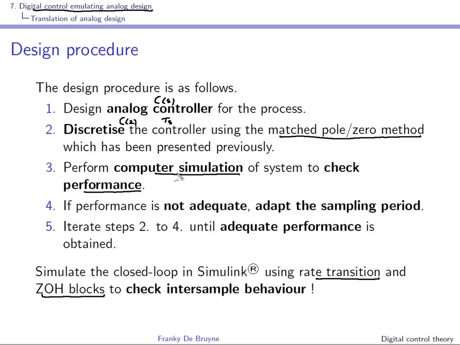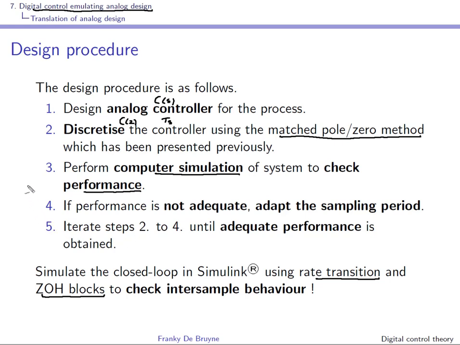Once you have done this computer simulation, you can check the performance and see if your TS is appropriate in obtaining a performance that is similar to the one that you were expecting with your analog controller. If this is not the case, you should adapt the sampling period, so you'll have to decrease the sampling period.